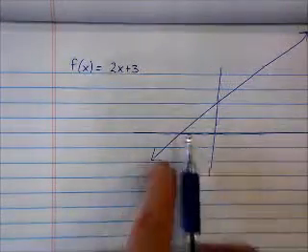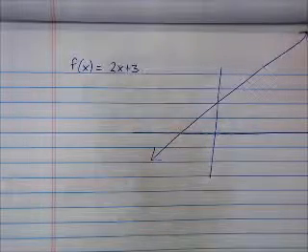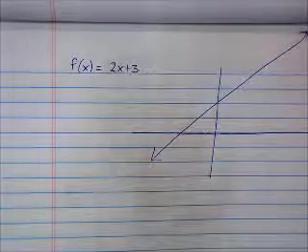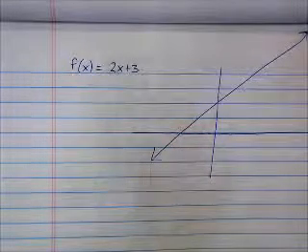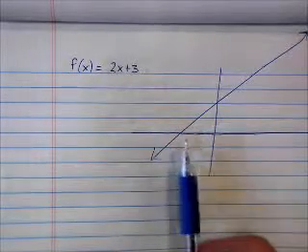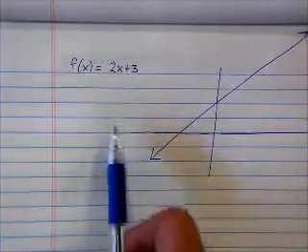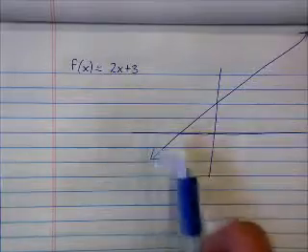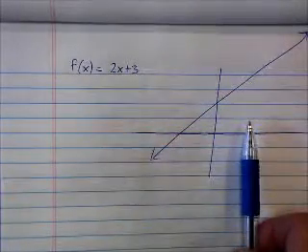We need bounds of integration this time, so how far left and how far right do you want to go? Well, the problem with going 3 both ways, we can do that, but I think this point right here is negative 1.5. So if we go 3 both ways, we're going to have 2 separate chunks, aren't we?